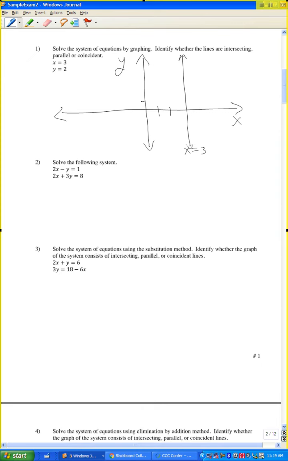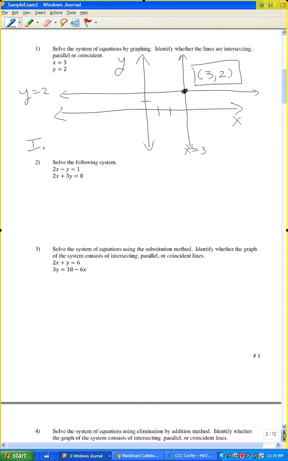And y equals 2. So the point of intersection is the point 3, 2. And of course, these are intersecting lines.